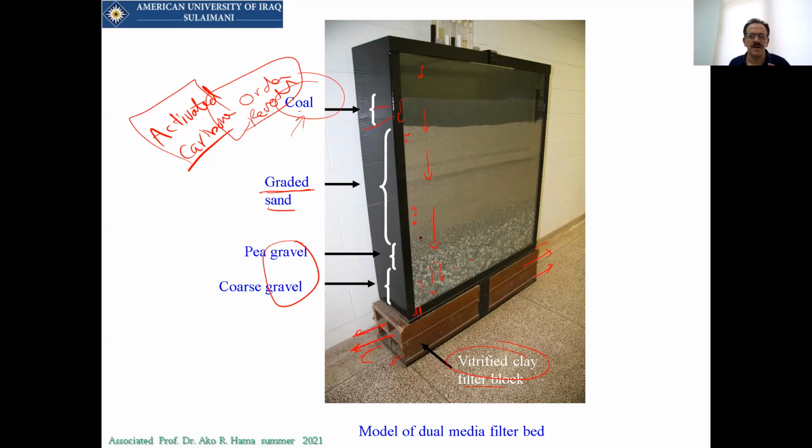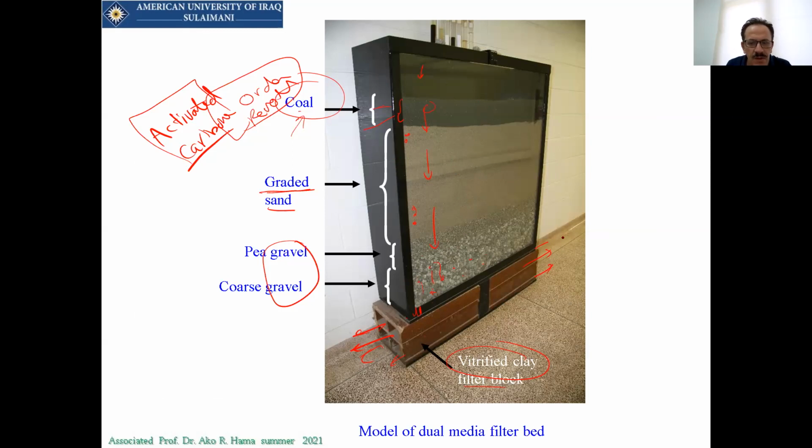Because we want the water to stay here to prevent the small sand layers from getting out through the nozzles. And there is a way to keep this kind of gradient in the same way.